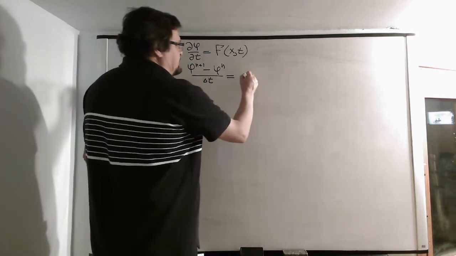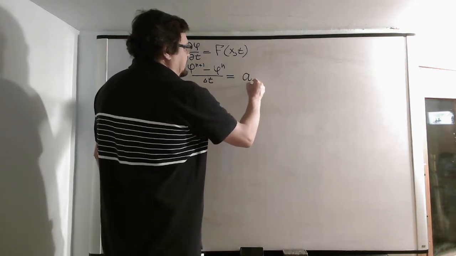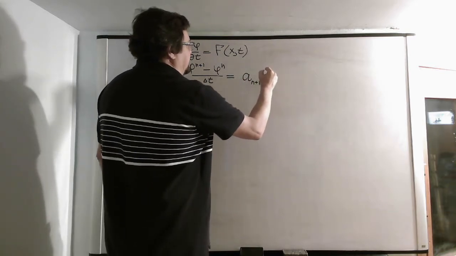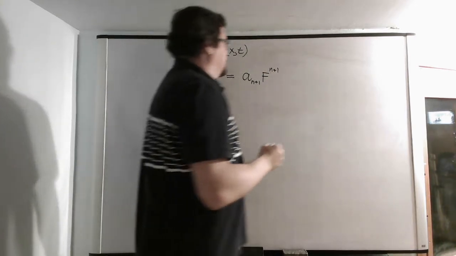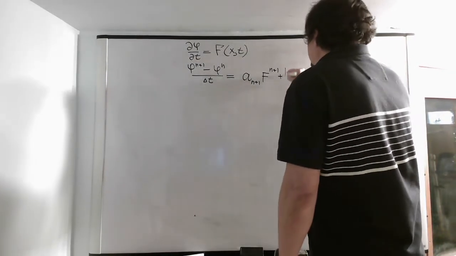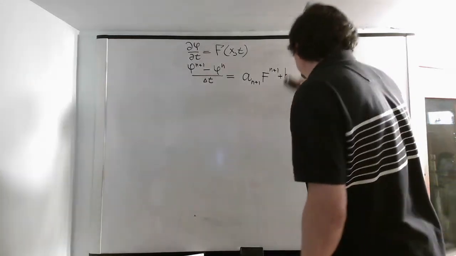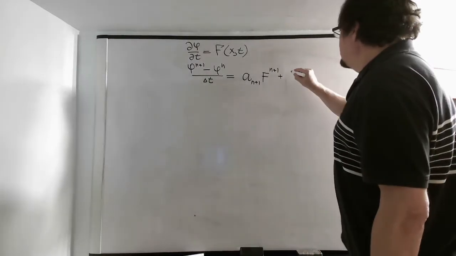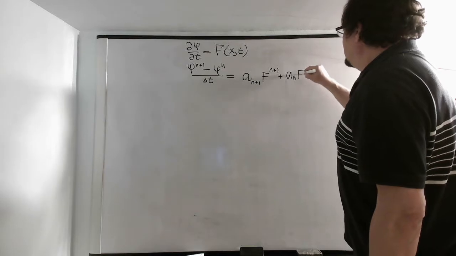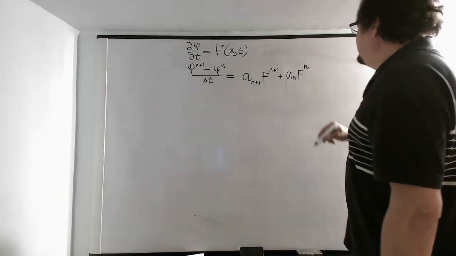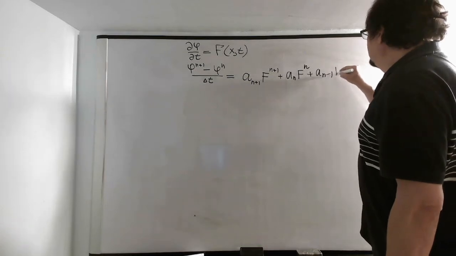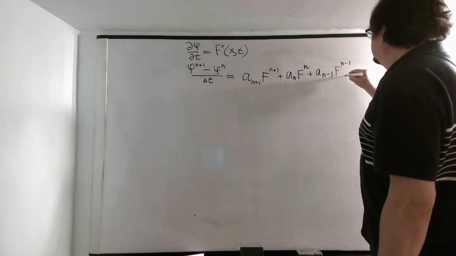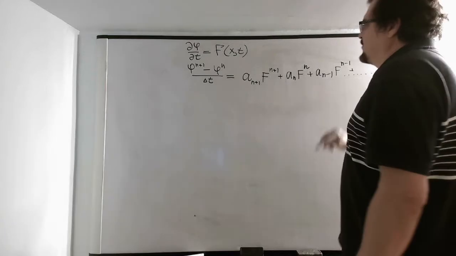It could be some coefficient a n+1 times f evaluated at time step n+1, plus a n times the right hand side at time step n, plus a n-1 f n-1, plus, and so on.